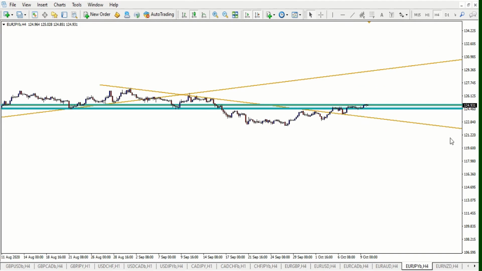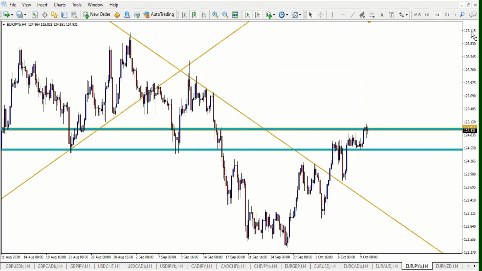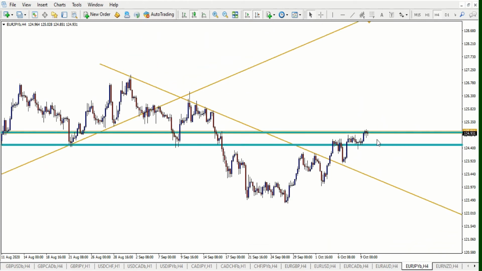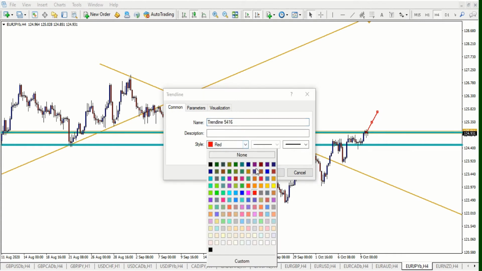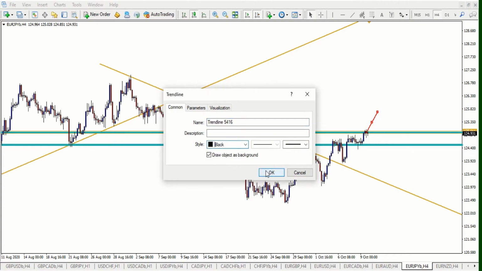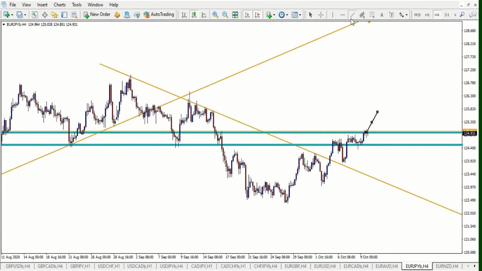So if we come to our 4-hour and we look at the levels properly, we can see that what we could expect next week is for the market to move up a bit, okay, and break through that key level. Then the market could come back down, retest that key support level, and then make its way back up.